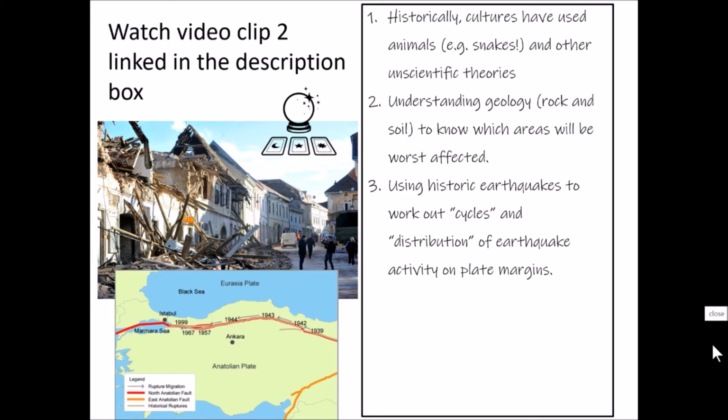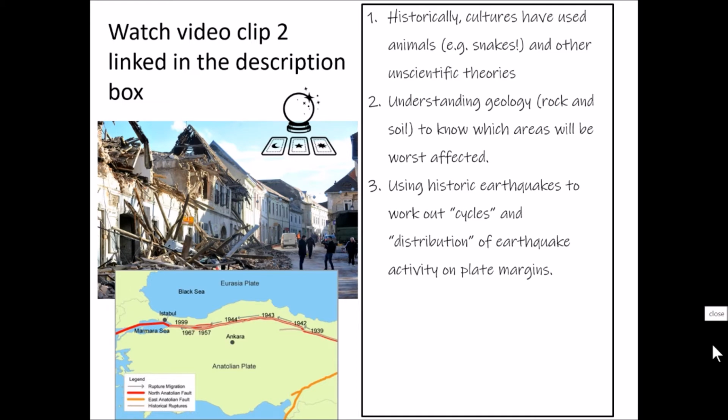We also think that distribution and mapping where other earthquakes have been before might help us. As you can see on this slide here, we have a tectonic boundary that goes across Turkey. If you look at the dates on it, those earthquake events have almost happened in order from east to west, moving towards the west of that map towards Istanbul.